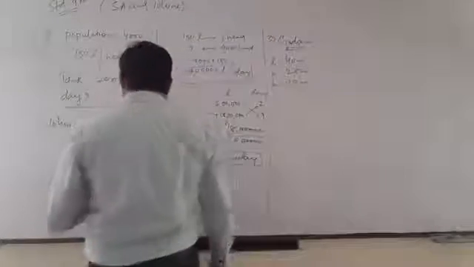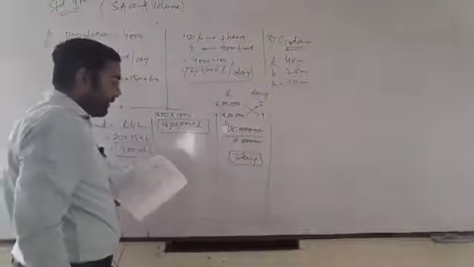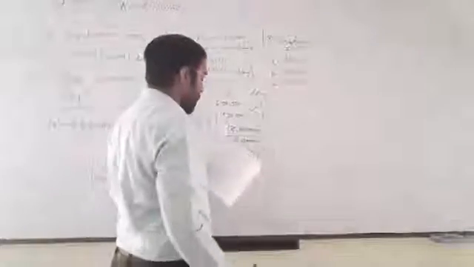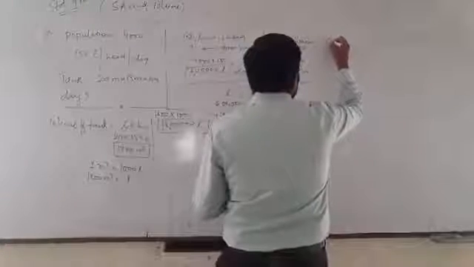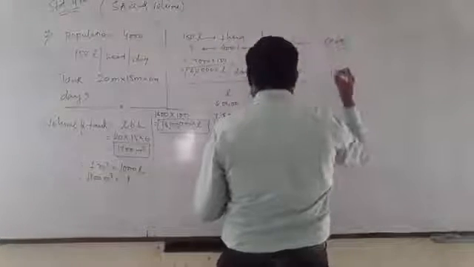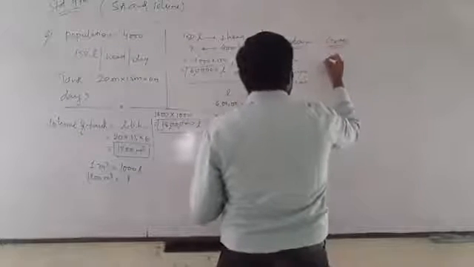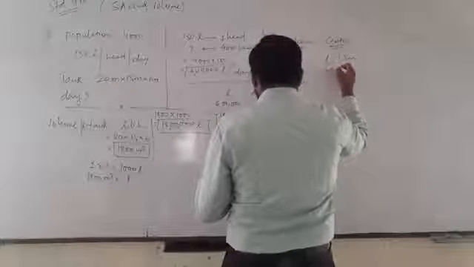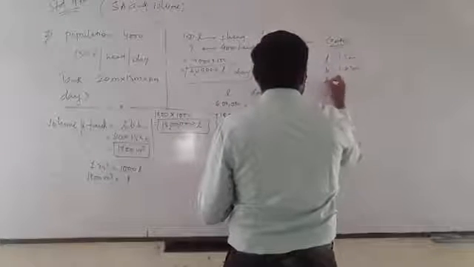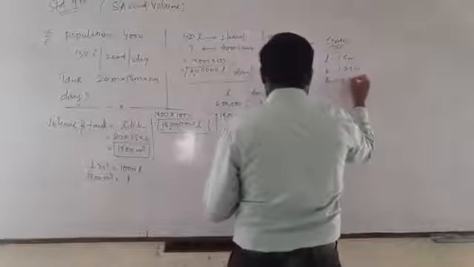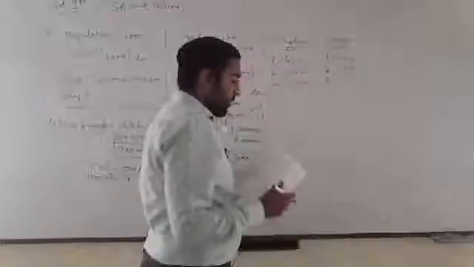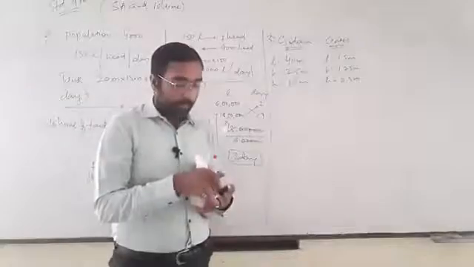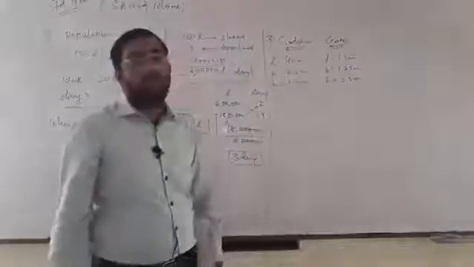Find the maximum number of wooden crates, each measuring 1.5 meter, 1.25 meter and 0.5 meter, that can be stored in the godown. They ask how many crates are stored in the godown.